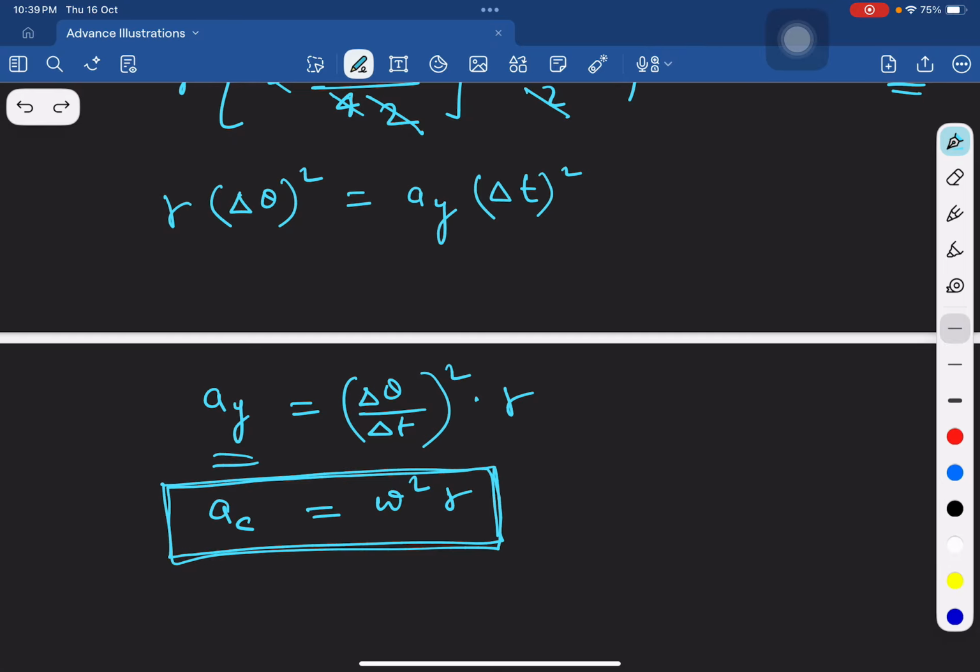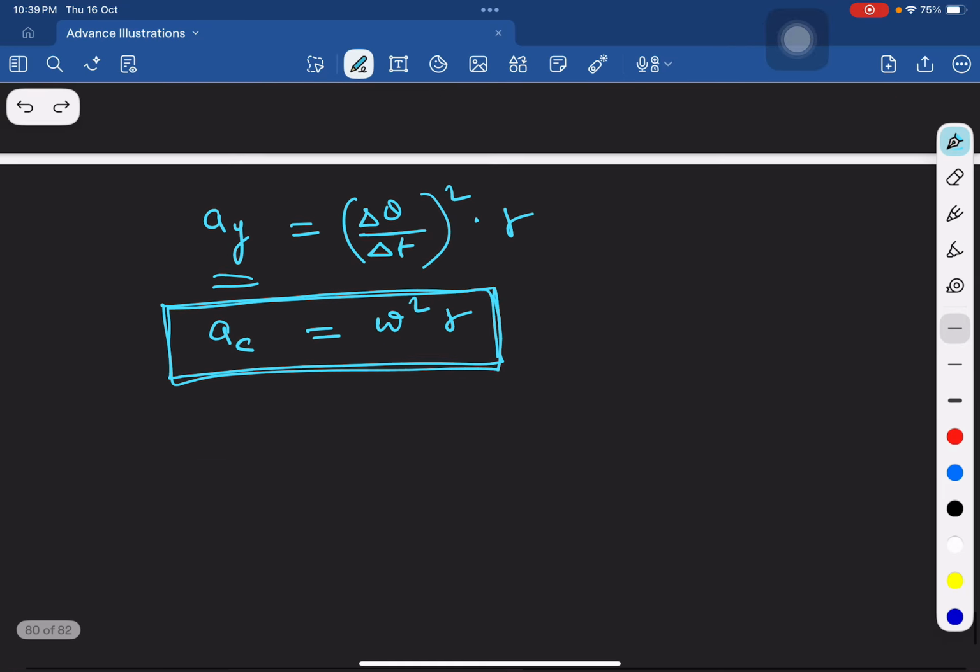Now I am going to explain this, so try to understand. Let's say this is your body, and there is one particle here. There is a pull which is coming towards the center on this body.